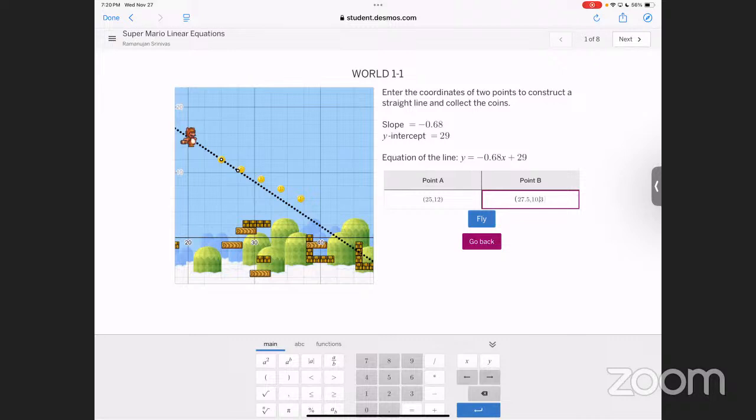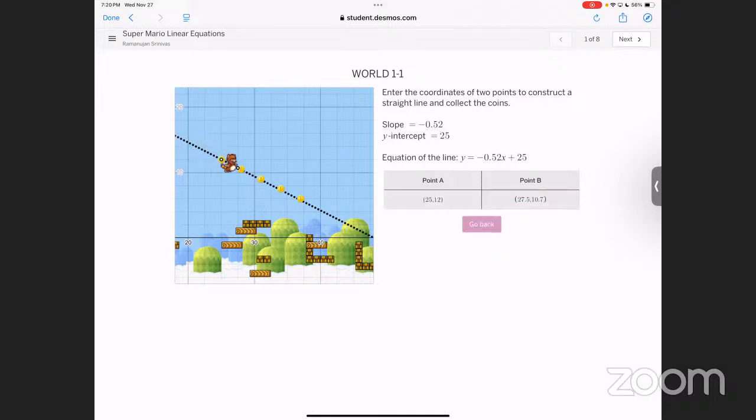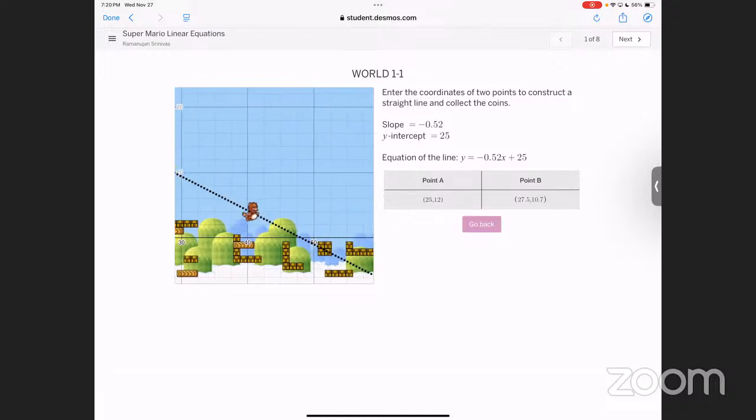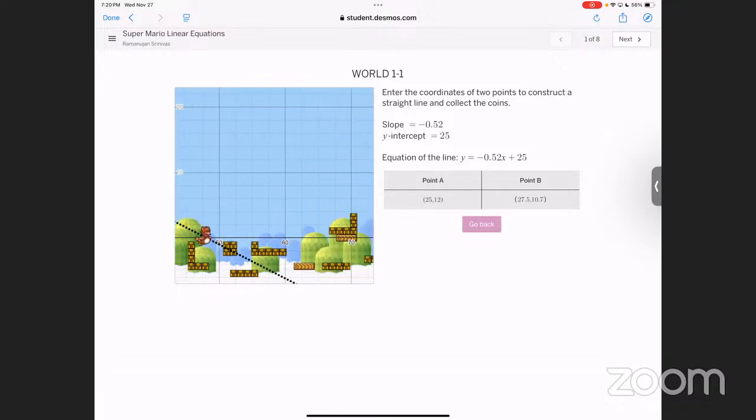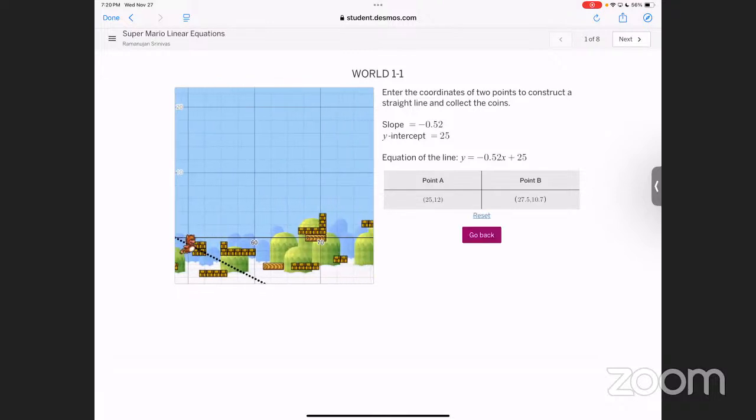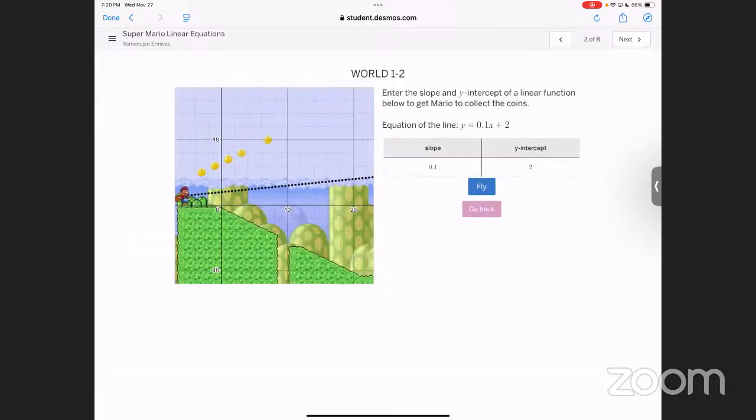No, that's more than that. 10.5 doesn't work. 10.6, not quite right. 10.7. 10.7 is what I want. So let's see. All right, so I got all of them, the coins. So I can go back to the next one.